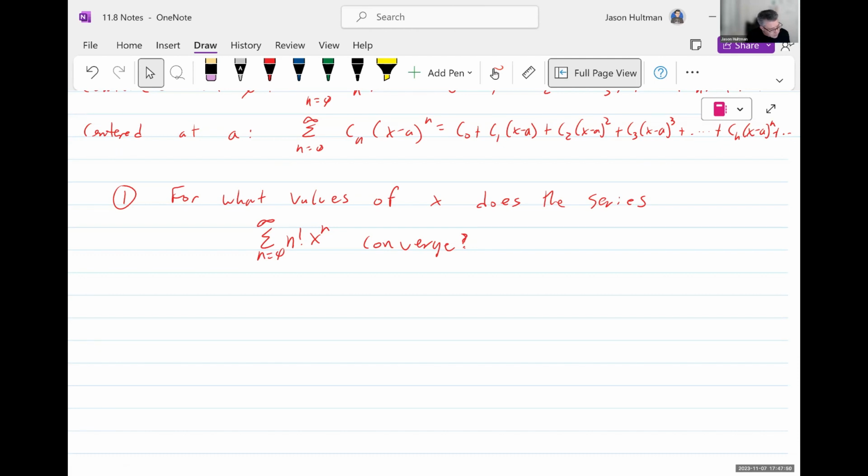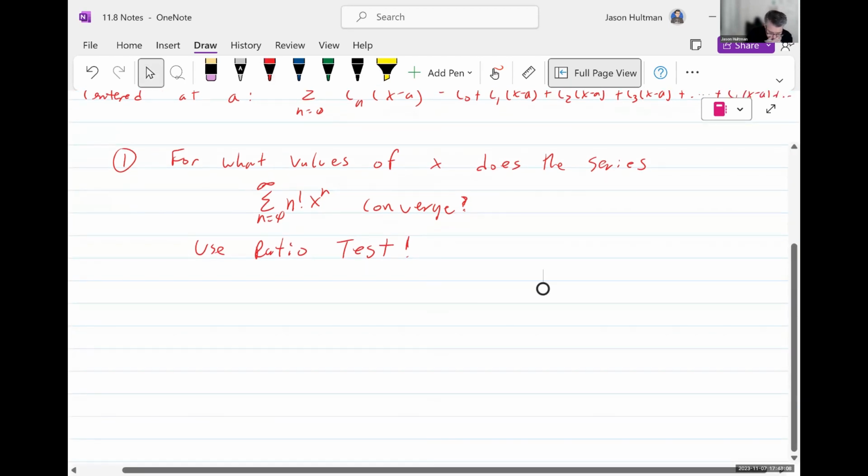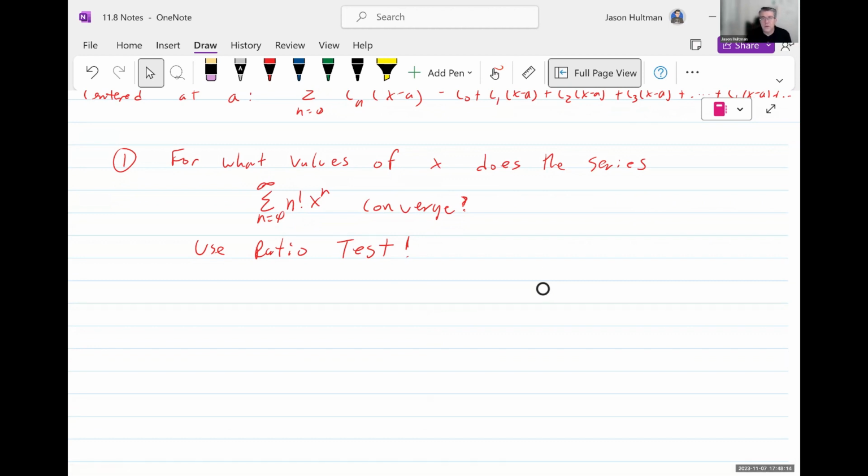When we want to test power series, we use the ratio test. It's the one that is the most convenient for us to use. In doing so, using the ratio test, it always leaves us with one x, which is nice.